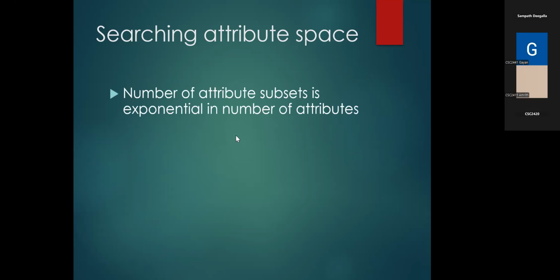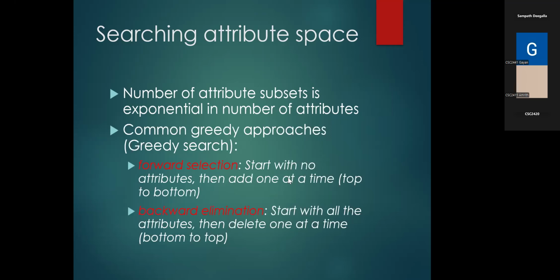If you have n attributes, it should be 2 to the power n, right? Which is a problematic one, isn't it? Yes. Okay.